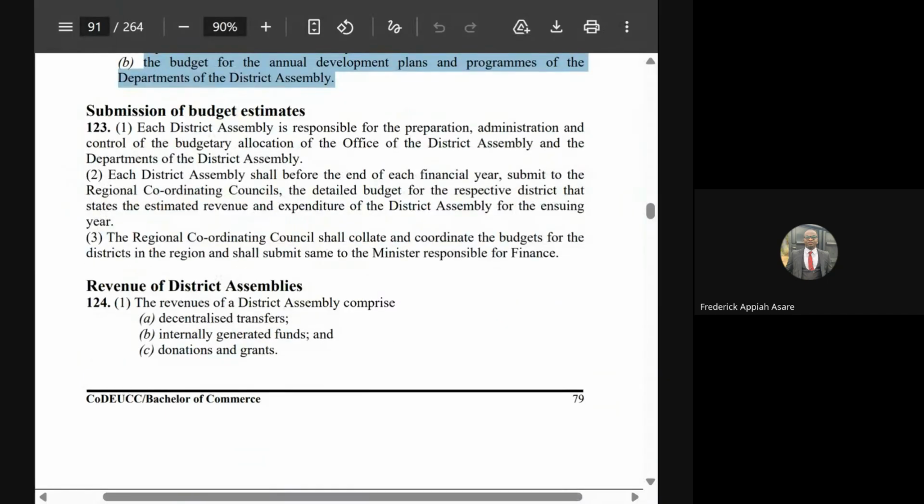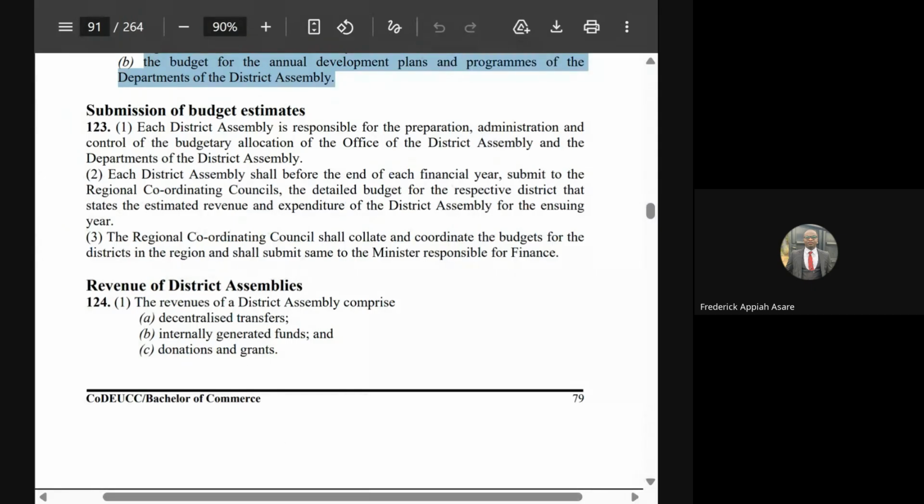We have submission of the budget estimates. How do they submit these estimates? Through the ranks to the regional and then to the central, so that the central government can add it up in the general budget preparation.